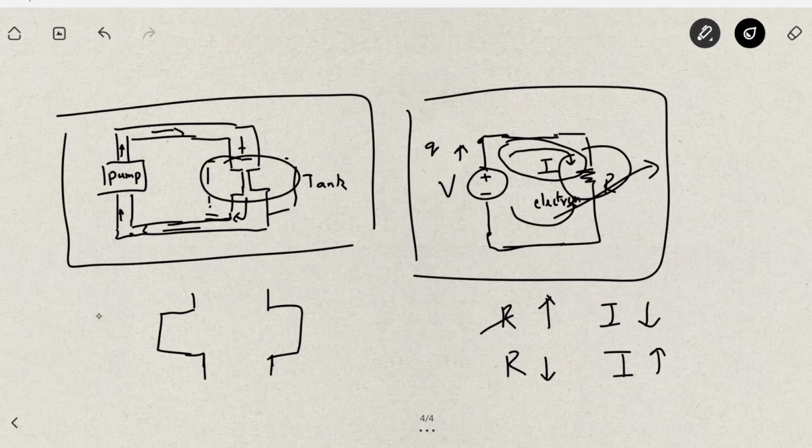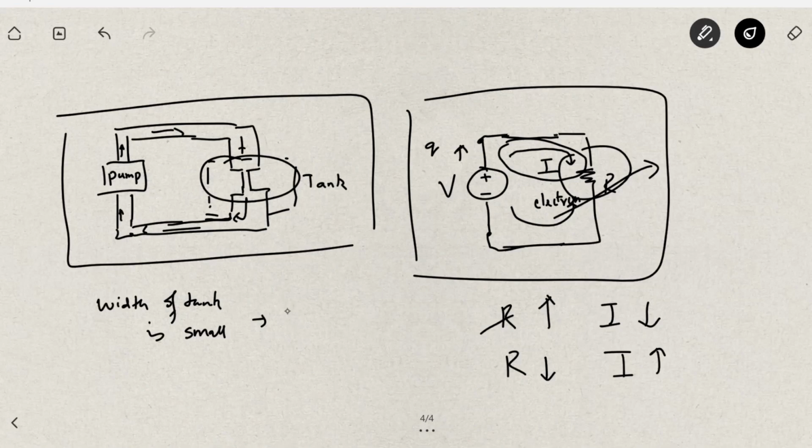It's similar to, in mechanical terms, we can say if the width of the tank is small, that actually means it will offer more resistance to the flow of water.